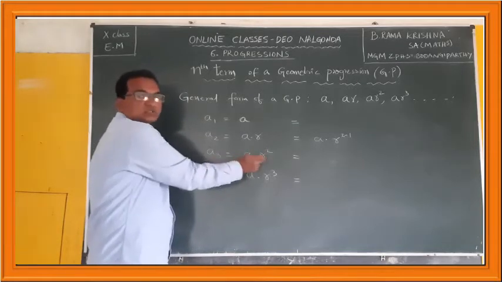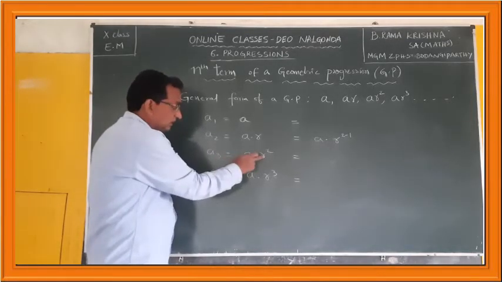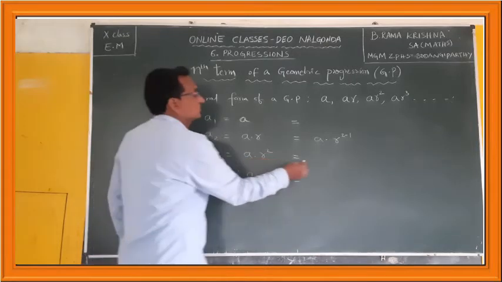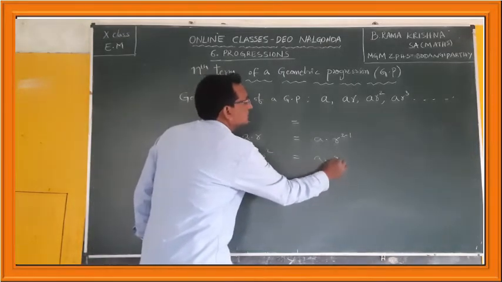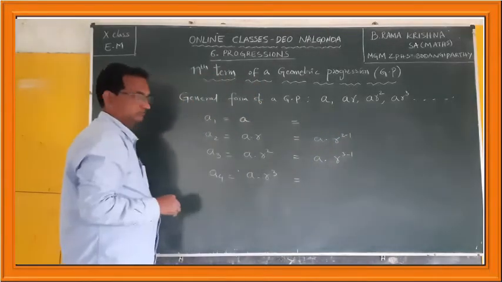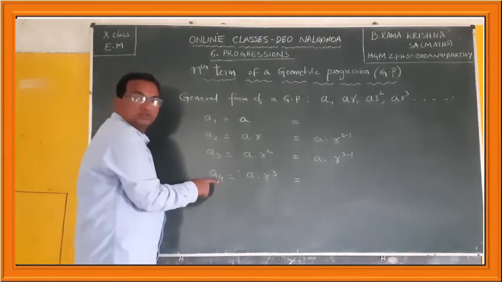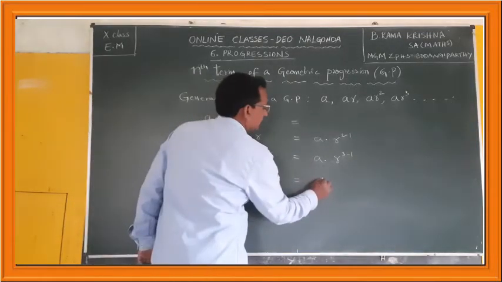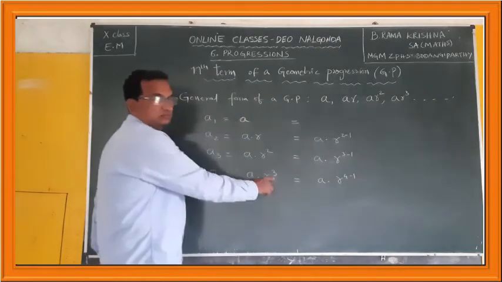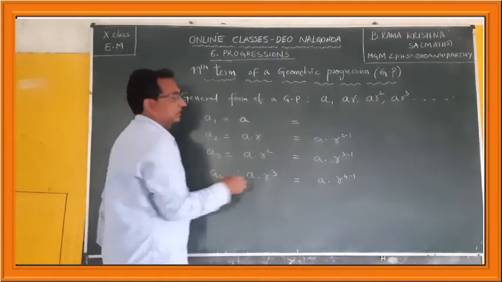Here how many r's should be multiplied? The term is the third term. You have to multiply how many times to get the third term? 2 times. Therefore, r square. So, again this can be written as r to the power of 3 minus 1, that is 2. Here, for obtaining the fourth term, you can write like this: r to the power of 4 minus 1, that is 3.